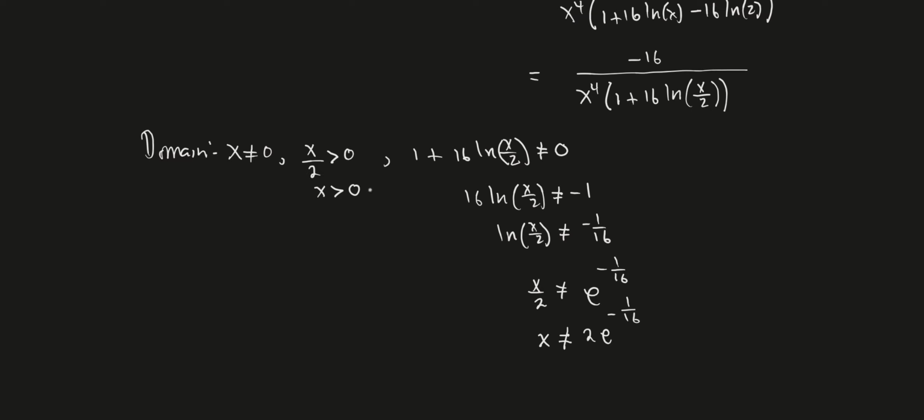So let's put this all together, and I'll state the domain. x has to be greater than 0, but then it can't be 2e to the negative 1 over 16. So it's either this interval, or x could be greater than 2e to the negative 1 over 16.